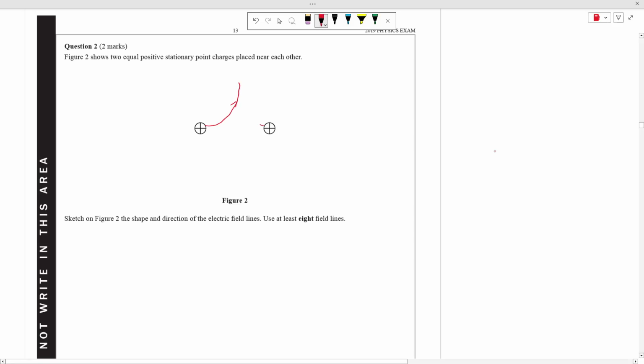So that's 1, 2, 3, 4. Okay, and then you just draw another 4 on the other sides. So you're just going to draw one out there, one out there, one out there, one out there. Don't have to be too precise.